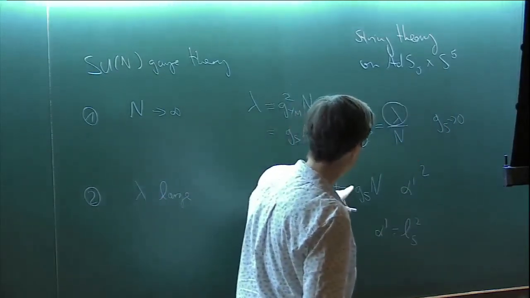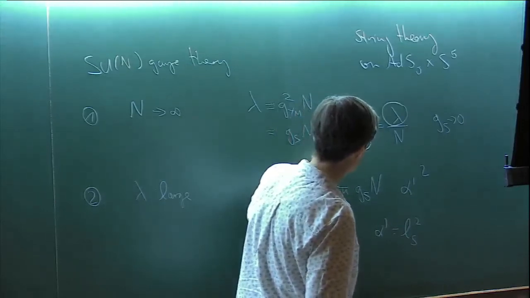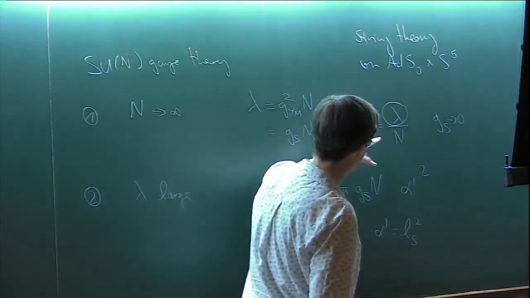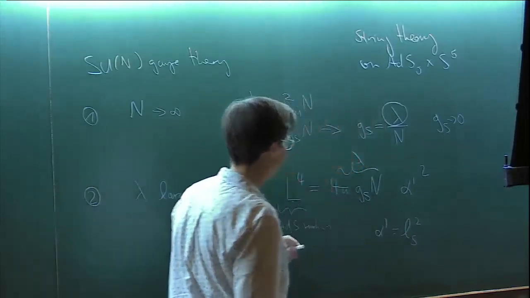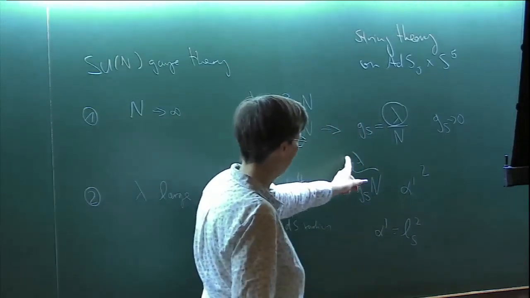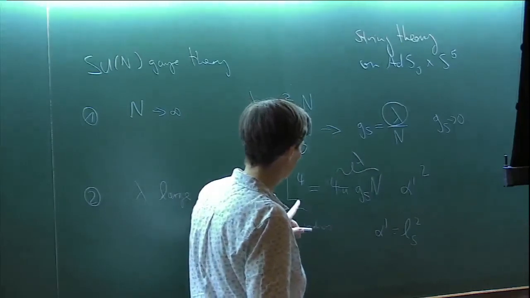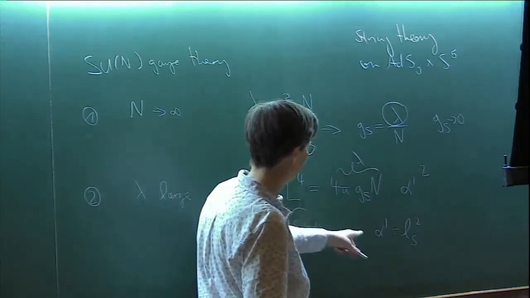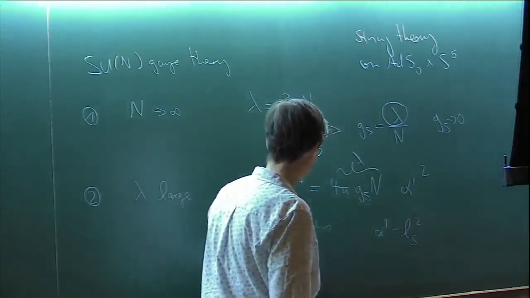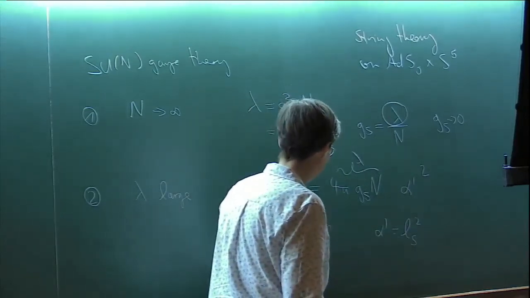And then I think this factor of 4 pi is actually defined into this. So this is again our lambda. So if I take lambda to be large and fixed, and this is also fixed, then this has to go to 0. So essentially that means that l_s is small.